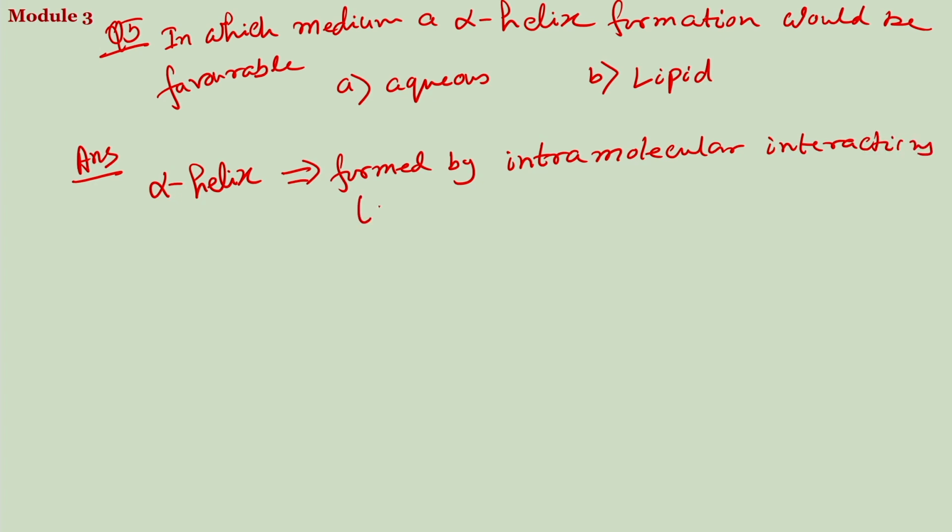Primarily the intramolecular hydrogen bondings. And intramolecular hydrogen bondings basically means the bond between the backbone carbonyl and the backbone NH. This is the hydrogen bonding.